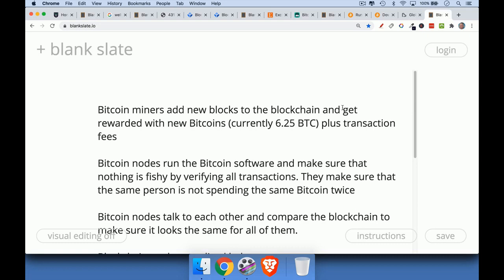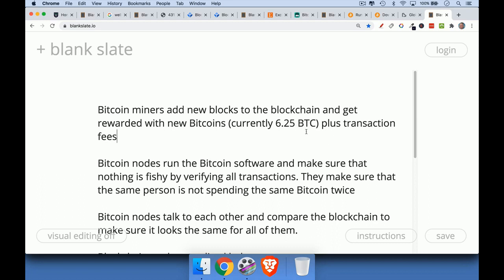Now, just to review, Bitcoin miners add new blocks, and they get paid with new Bitcoin, a miner subsidy, or miner's reward. They also get paid transaction fees. And once there are 21 million Bitcoin in existence, there will no longer be a reward for new Bitcoin. There will just be transaction fees that will pay the miner.